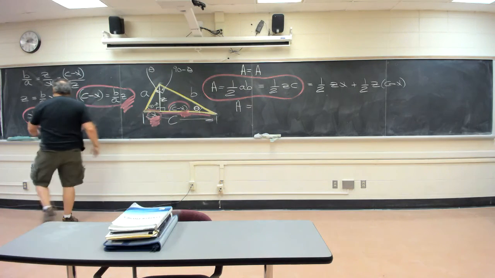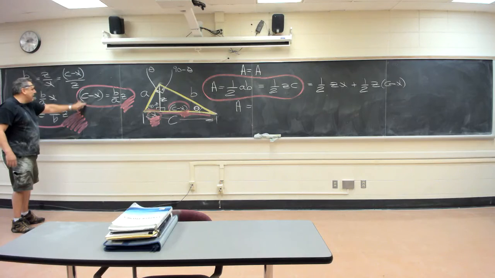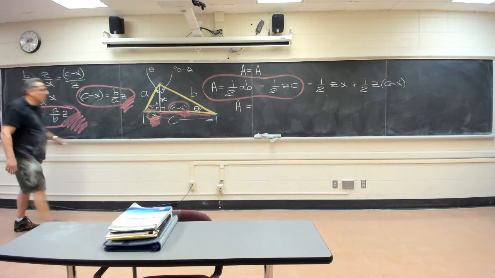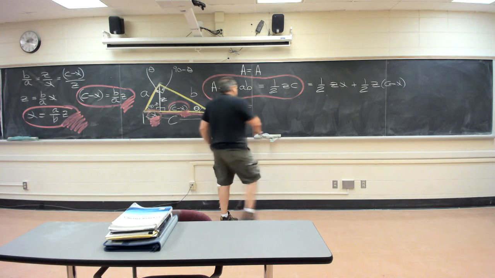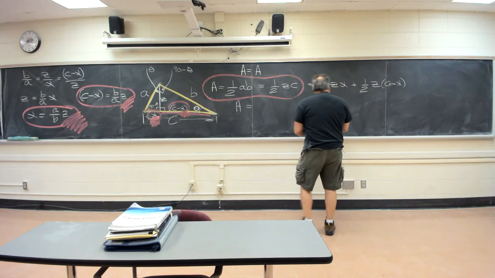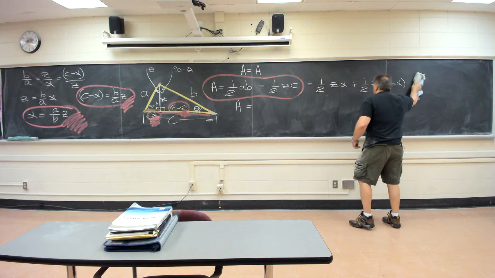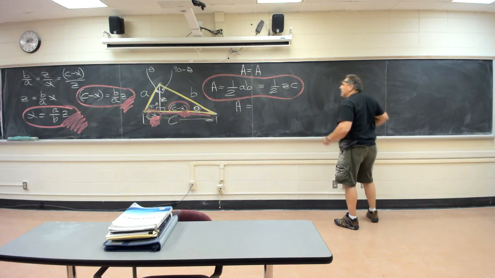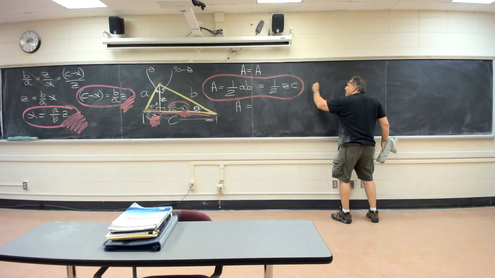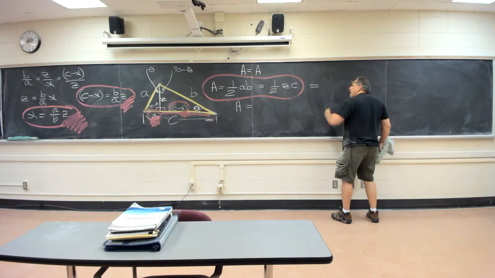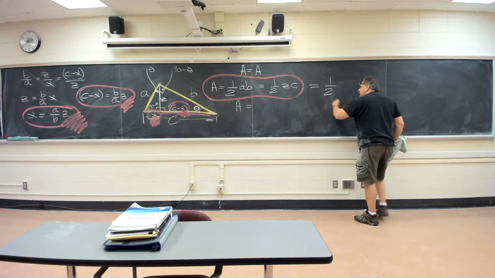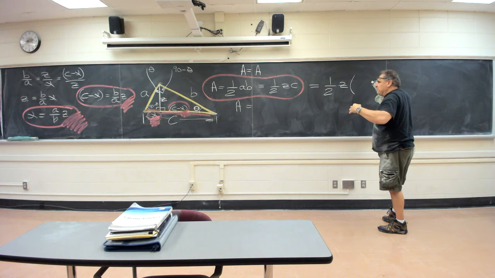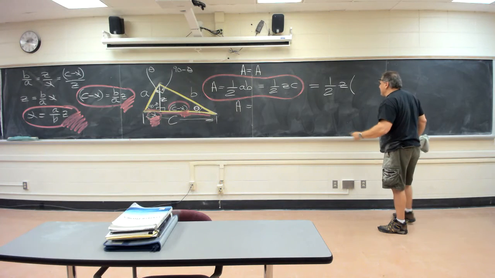Why don't you take x plus c minus x and add them together? So the way I'm looking at it is, if you really want that to be the case, you want one half z. Z is the altitude. And what is c equal to?